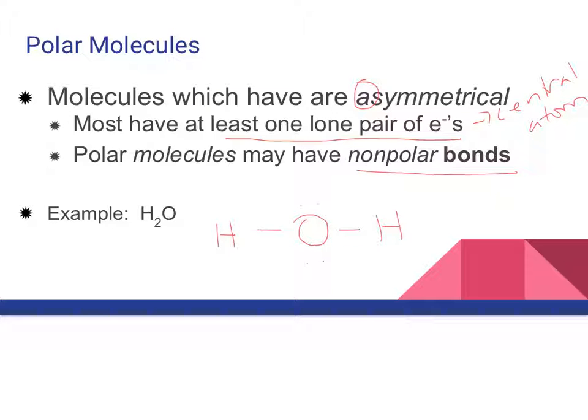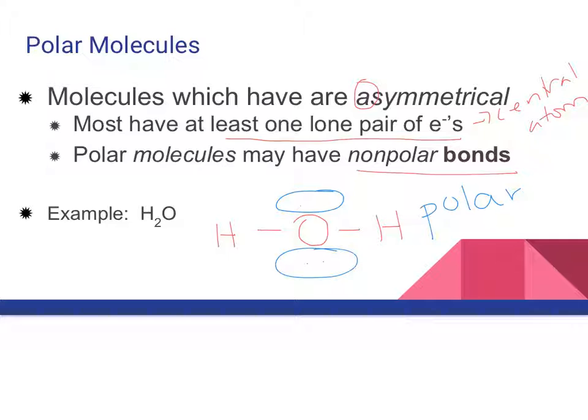However, if I were to look at it in 3D, we would see that the shape changes a little. What we're really looking at here is the presence of those lone pairs. We have a pair of lone pairs here and a pair of lone pairs here, and so this is going to be an asymmetrical molecule, or a polar molecule.